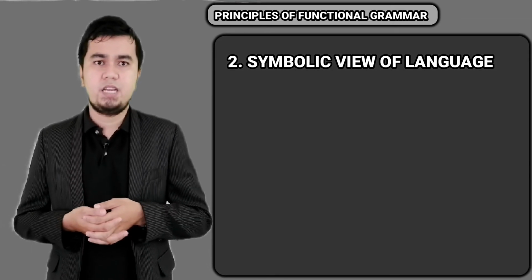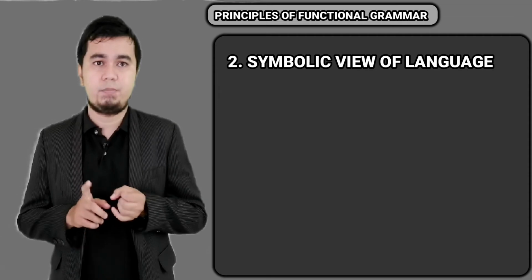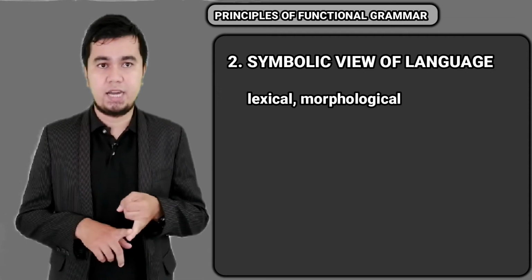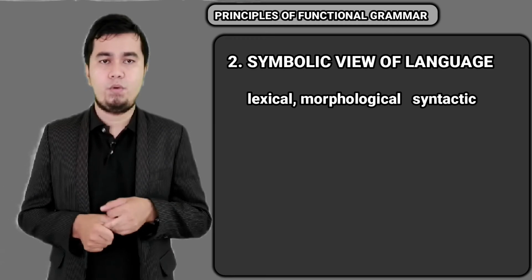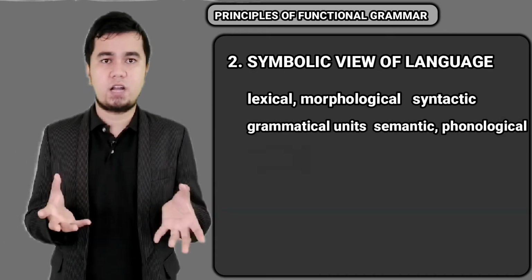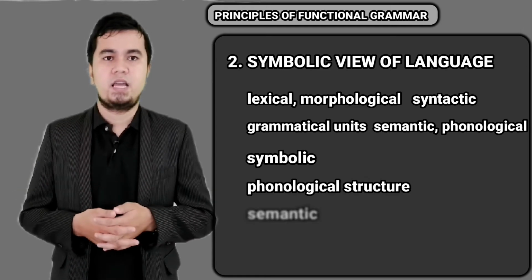The second principle is on the symbolic view of language. The meaning here is that there are three kinds of grammatical units. We have the semantic, phonological, and the symbolic. When we say symbolic, this is the phonological structure with meaning, the semantic structure.